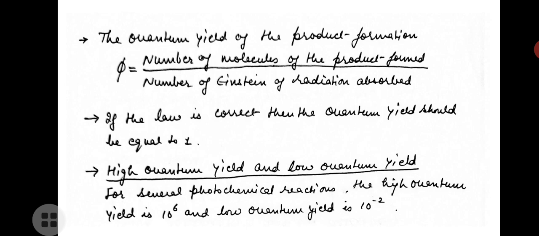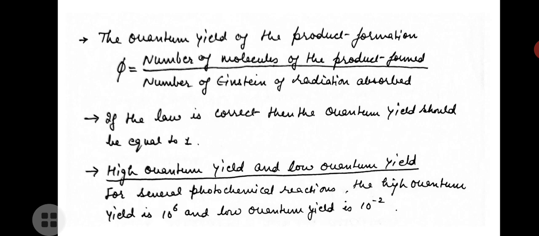If the law is correct, then the quantum yield should be equal to 1. If each quantum of light absorbed leads to the formation of a product molecule, then phi will be 1. But in practice, it is usually less than 1 because of the decay of some light energy by fluorescence, phosphorescence, or radiationless processes.